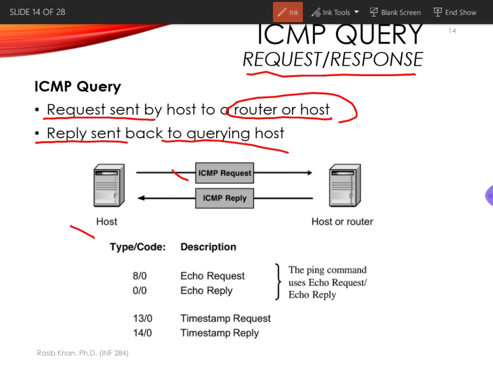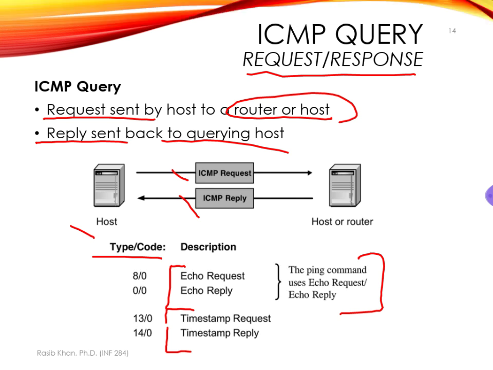So the hosts can send an ICMP request and receive an ICMP reply. Just to give you an example, the type and code fields for some common ICMP query messages are the echo request and echo reply, or the timestamp request and timestamp reply. The echo request is a common example which is generated using the ping command that is used to see if a particular network device is accessible on a given network.